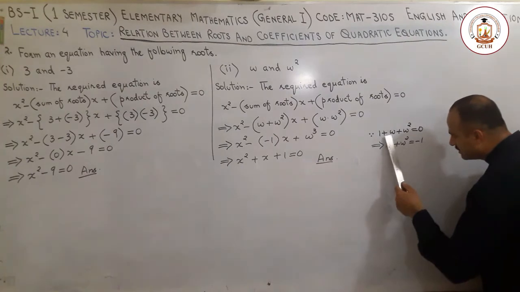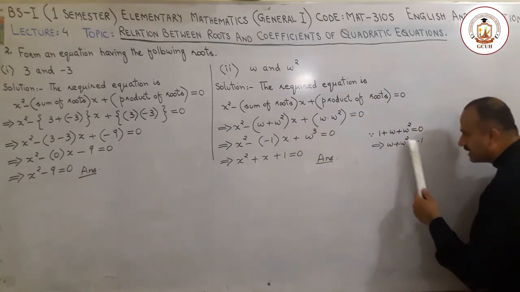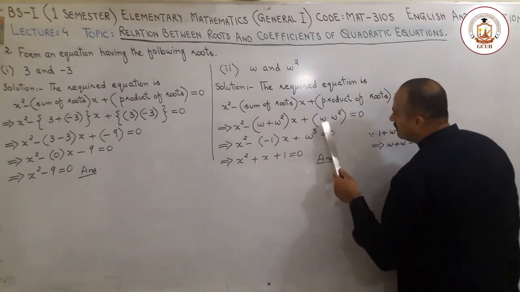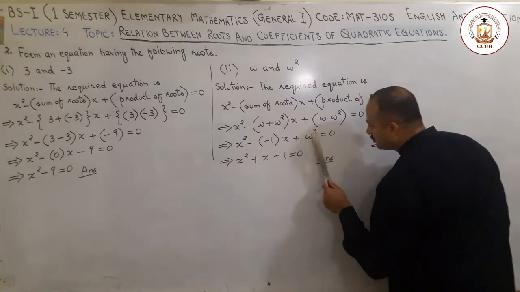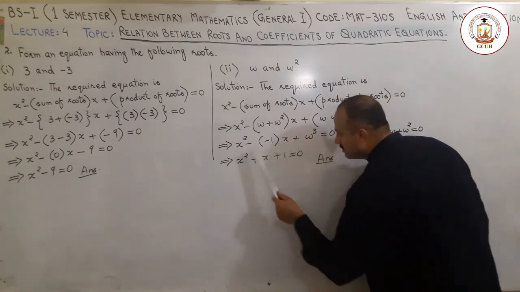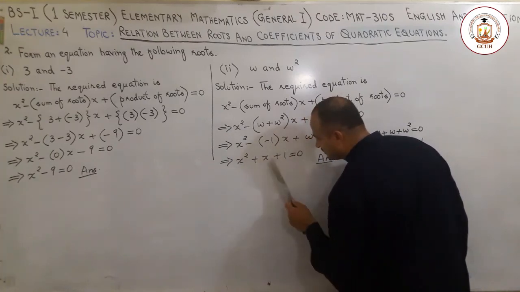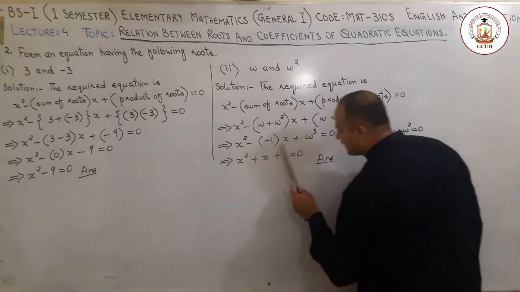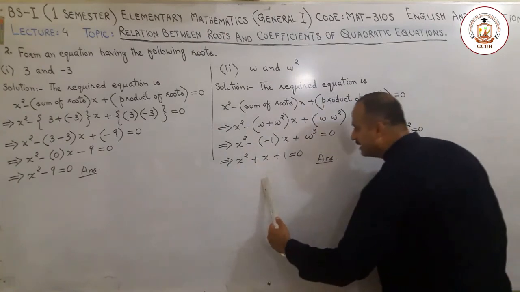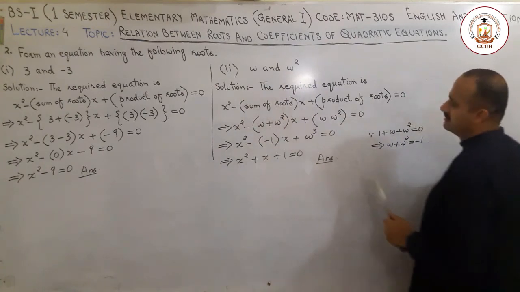So instead of omega plus omega square, we substitute minus 1, and we know their product is omega cube, which is equal to 1. So minus into minus is plus, 1x is x as it is. So x square plus x plus 1 is the required equation for omega and omega square.